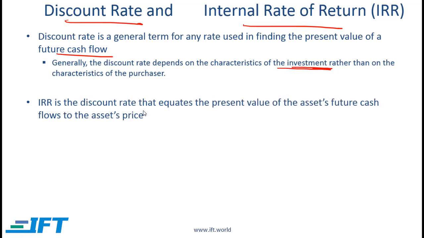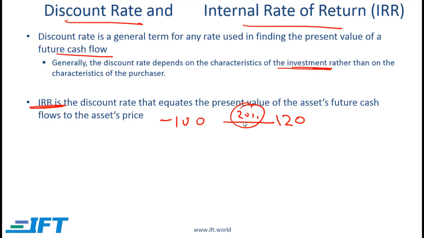The IRR is the discount rate that equates the present value of the asset's future cash flows to the asset's price. You have learnt about IRR at level 1 in equity, in corporate finance, and in quant. But here's a quick refresher. If you invest 100 at time 0 and at the end of 1 year, let's say you recoup 120, then the IRR, which is the return on this project, is 20%.